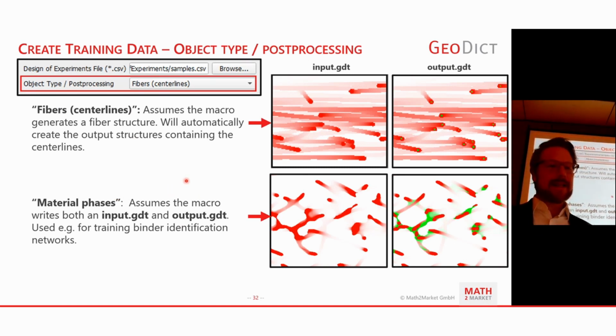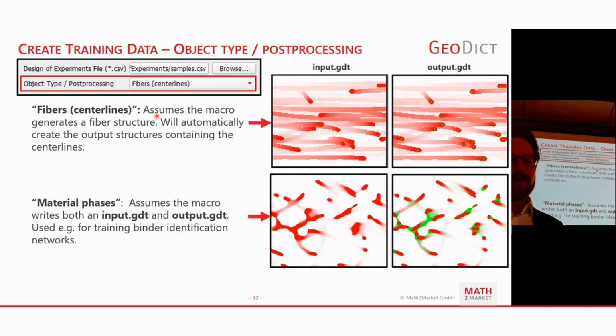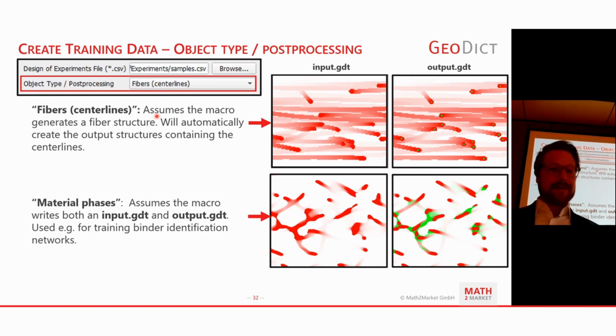If you select center lines, then it will assume that your macro contains commands which generate a fiber structure, meaning that when you run the macro manually, you have a fiber structure in Geodict with GID information, which is the normal case if you just run FiberGeo. So it assumes it will generate a fiber structure and basically do nothing else. Then this create training data function will, from that fiber structure, automatically generate the X and Ys that we need for the neural network training.